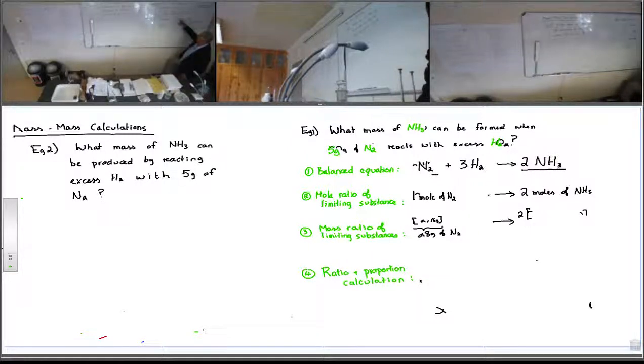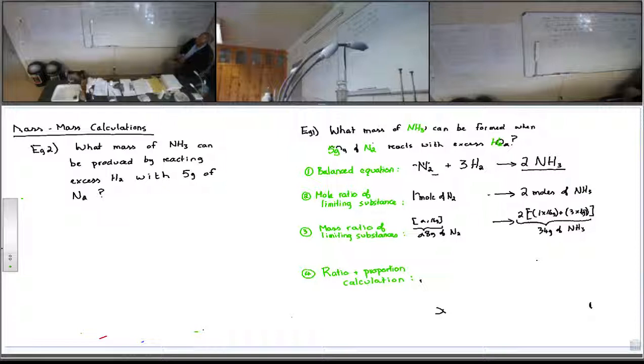That 2 represents that 2 there. Square brackets is the NH3, okay? Yes. Okay, so this is 14 and 3 is 17 times 2 is 34 grams of NH3.